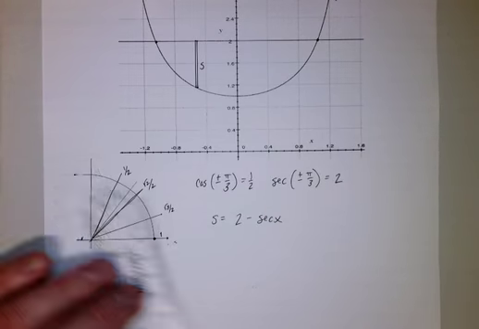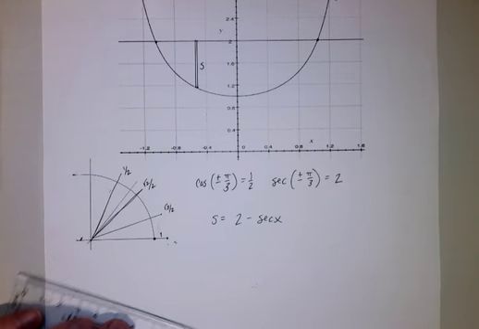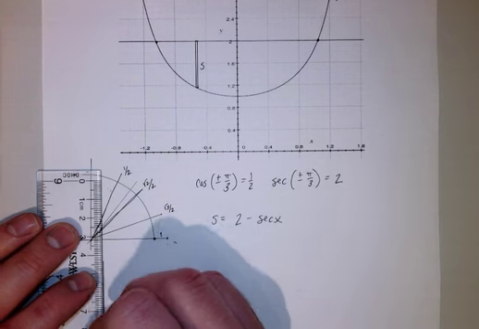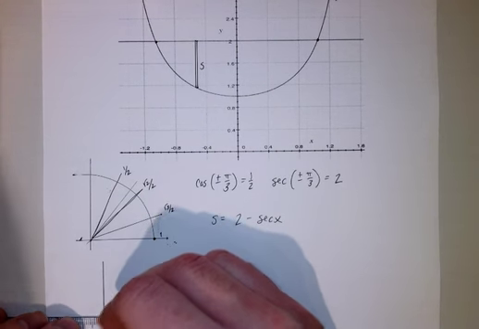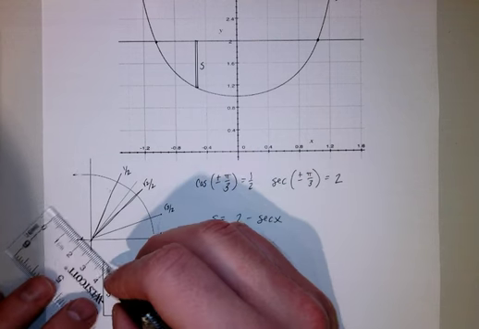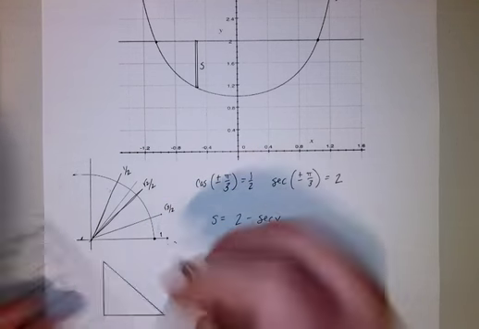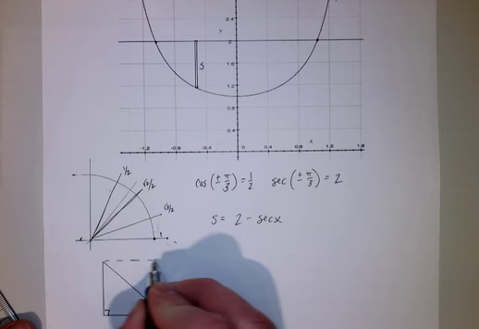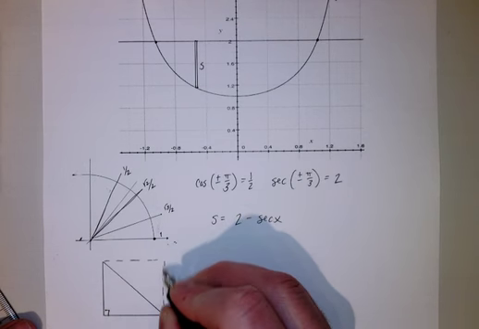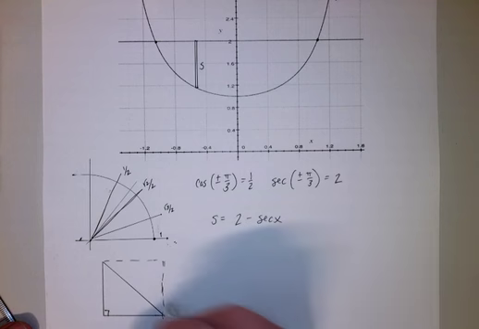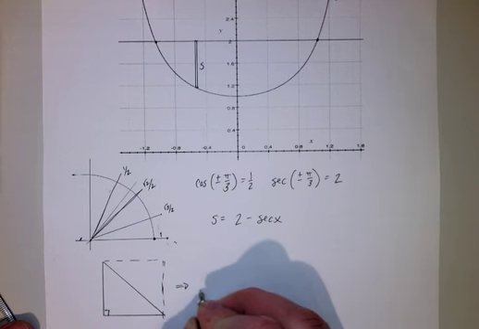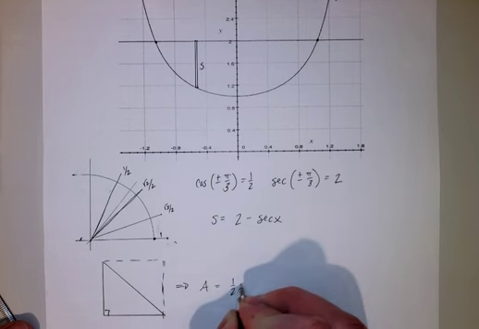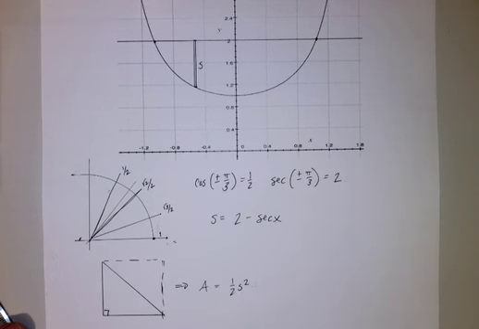Now I simply need my area formula for an isosceles right triangle, isosceles being the key word, right? An isosceles right triangle with leg down instead of hypotenuse down. Well, instead of being 1/4 of a square, it's actually just 1/2 of a square. So the area of this is 1/2 s squared.